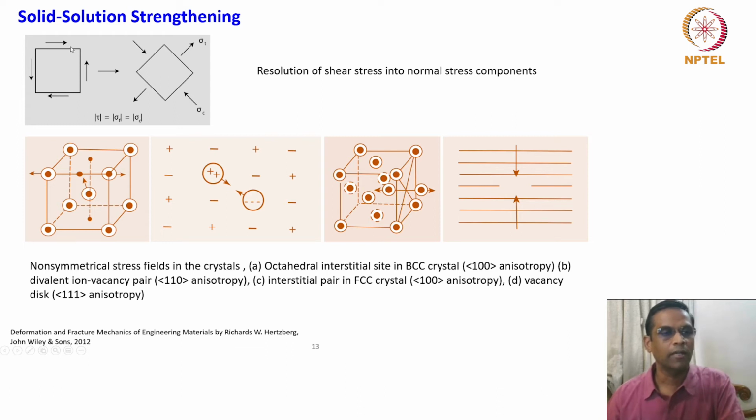So you know this, the shear stress can be resolved in terms of normal stress. Remember, the magnitude of both shear and normal stress is going to be the same, whether it is tension or compression. So the magnitude of all the three stresses are going to be the same.